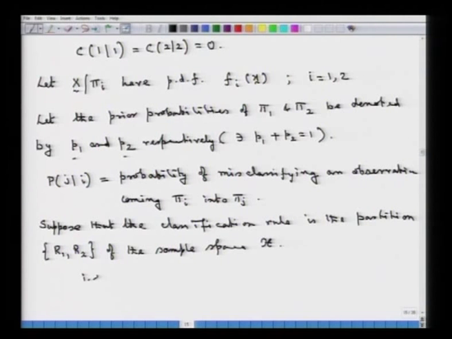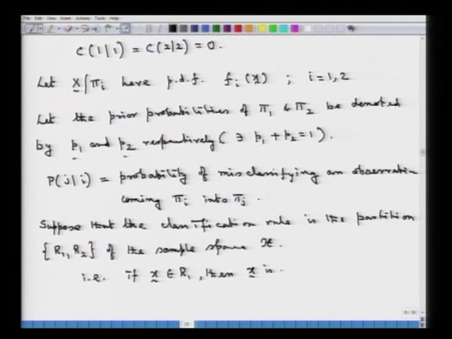That is, when we say that this is the classification rule, which is the partition of the sample space script x, what we try to mean is that if x belongs to R1, then x is classified or supposed to have come from population which is indexed by 1, that is pi 1.